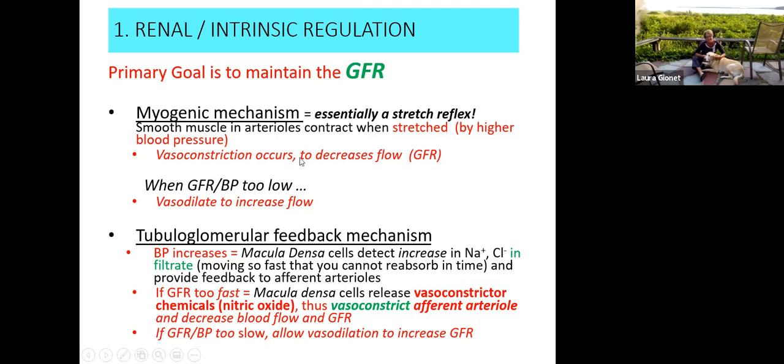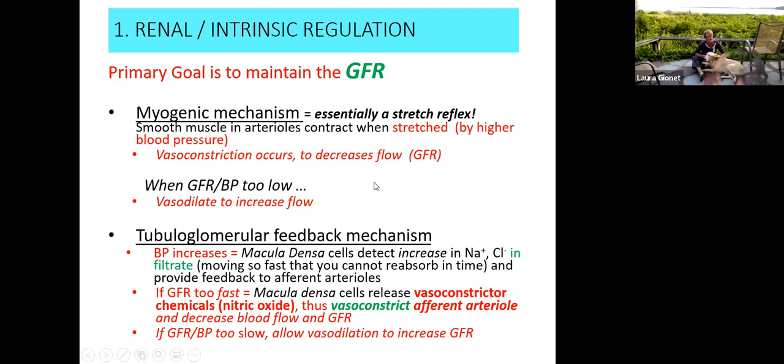Okay, so we have the myogenic mechanism. Essentially, it's a stretch mechanism, a stretch reflex. The smooth muscle of arterioles gets stretched because, let's say, blood pressure is too high, right? And when they get stretched, they rebound back a little bit to slow down and offset the pressure that's pushing against their blood vessel walls. Once they get stretched a little bit like a rubber band, they're going to bounce back again.